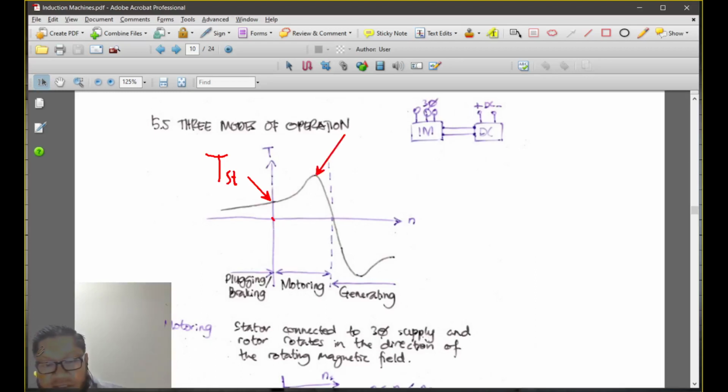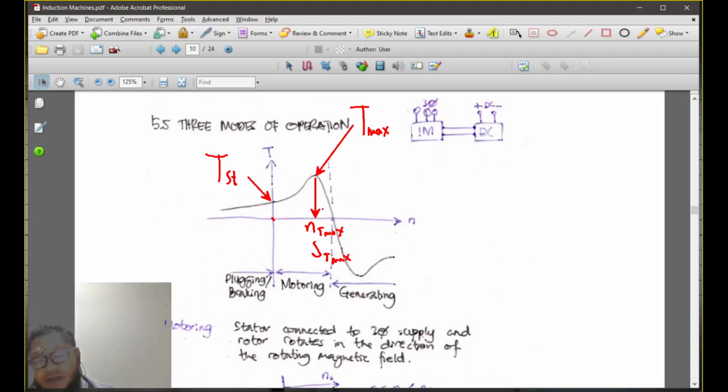And then you have this T max, the maximum torque. The speed at that point is known as the speed at maximum torque, and you can also calculate S T max, the slip at maximum torque.